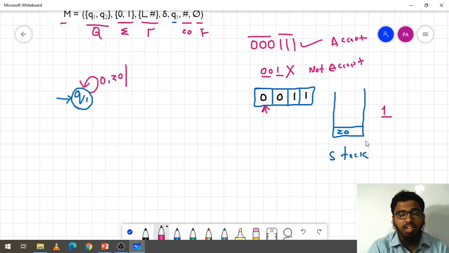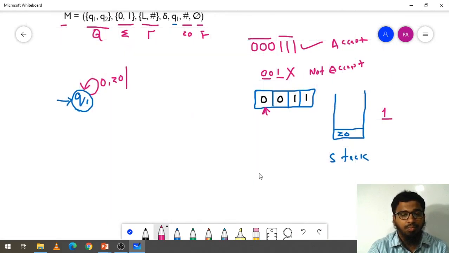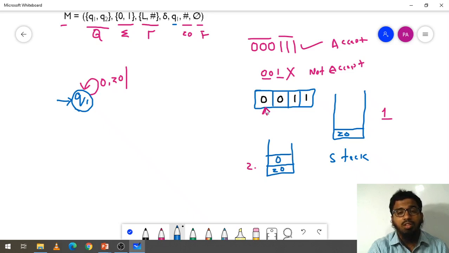Now in the second stack I will draw a second one, and this is the second. Here this is Z0 and 0, and our header is now here.